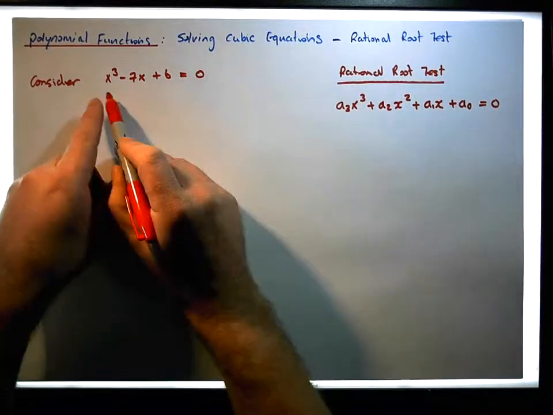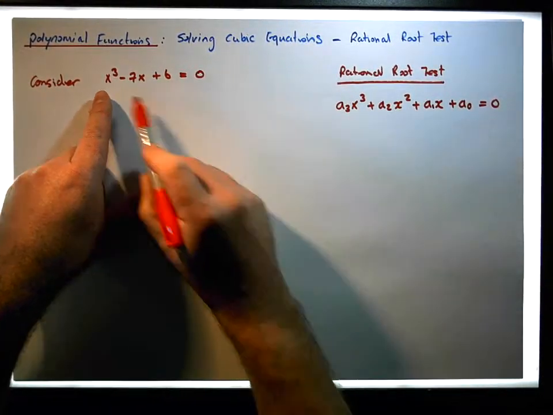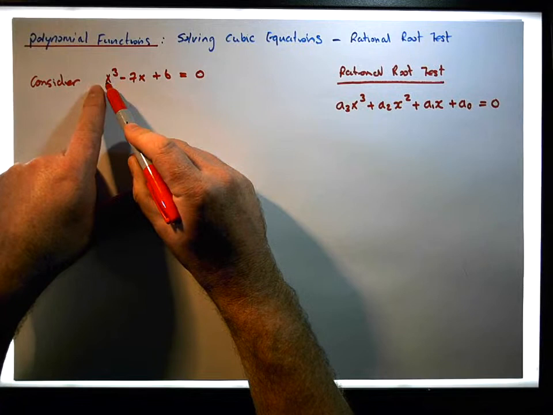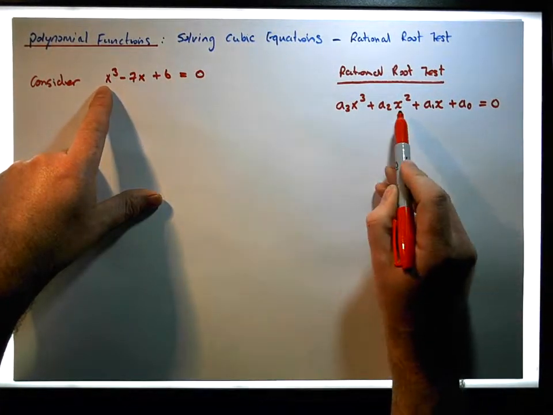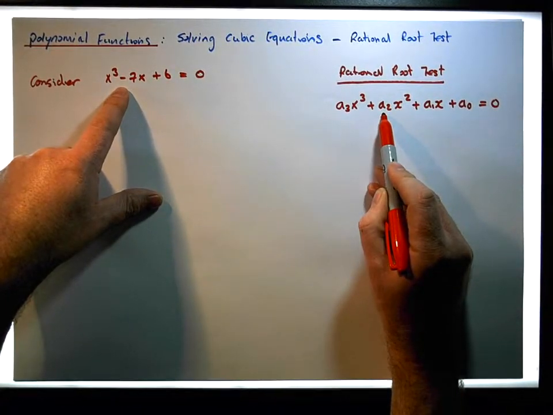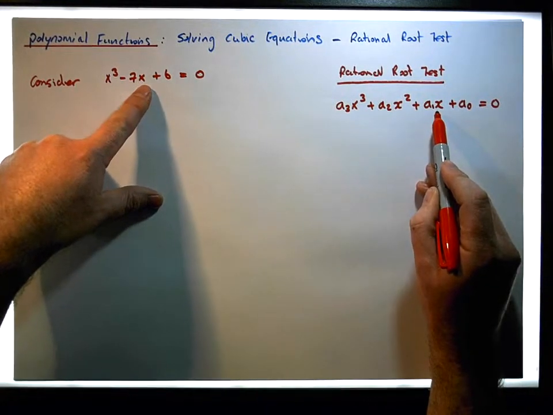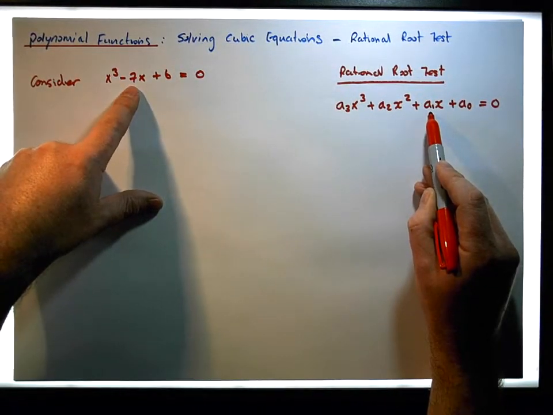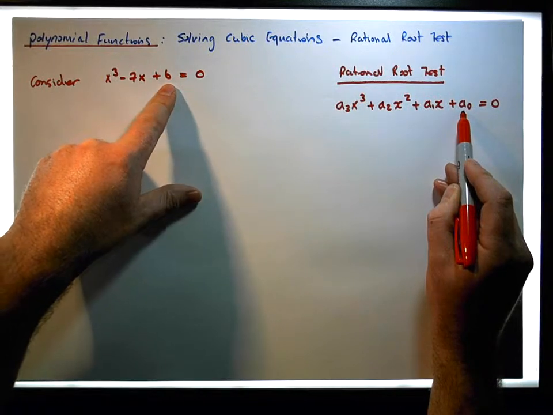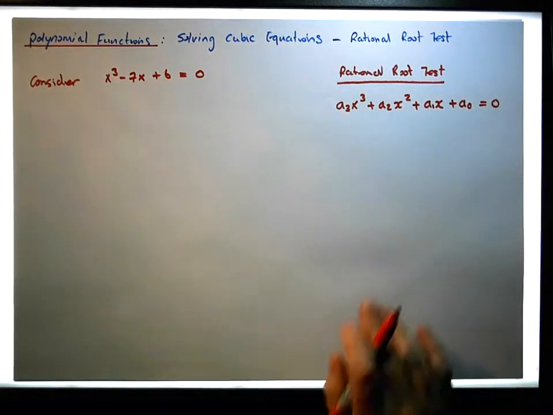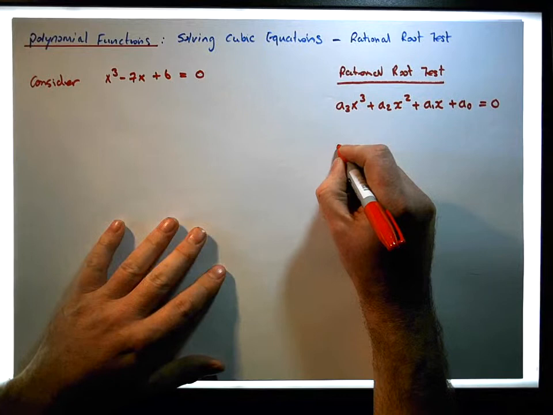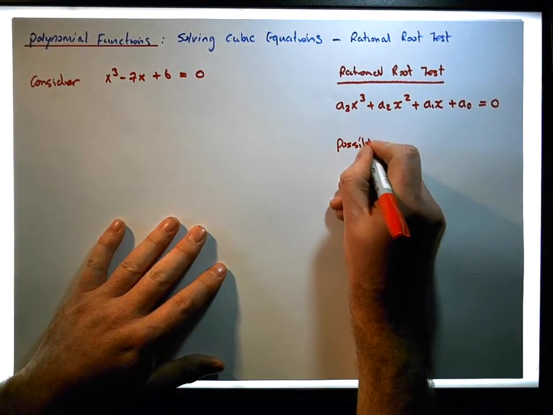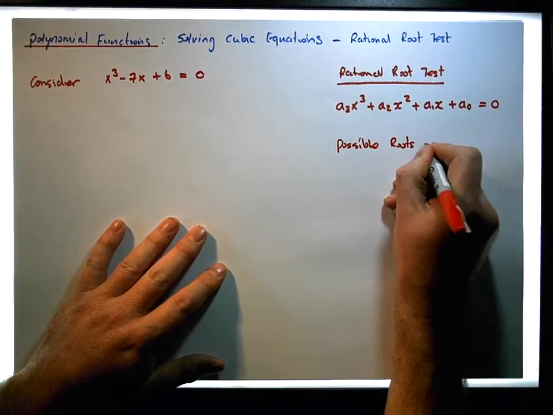You can see that this polynomial is in this form. The coefficient of x cubed is 1, so a3 is 1. There's no x squared term, so a2 must be 0. The coefficient of x is minus 7, and the constant term, a0, is equal to plus 6.